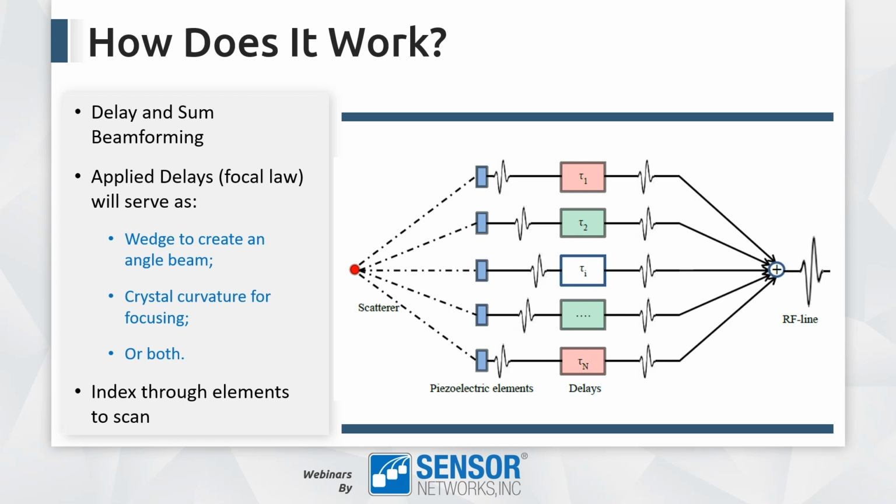So in general, we apply delays to create an angle, or synthesize the operation of a wedge, basically creating the pseudo curvature electronically to focus the beam, or both. And as already mentioned, we can index through sets of elements to also move the aperture.